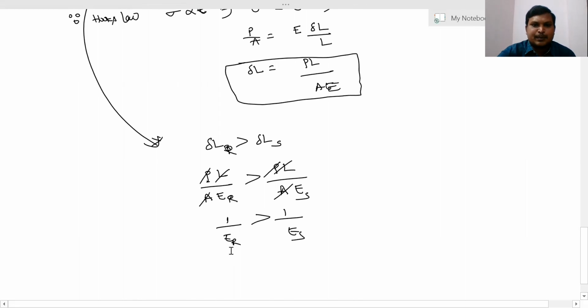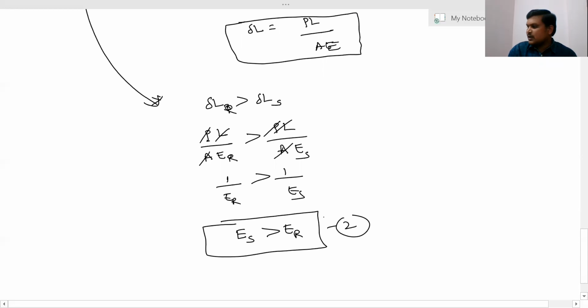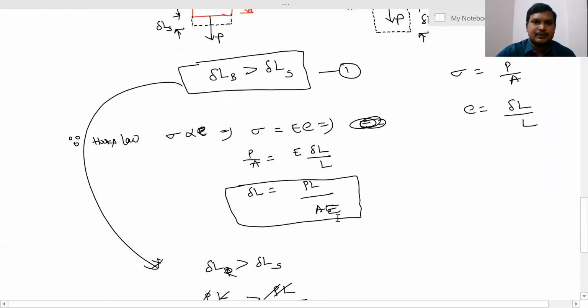So from the inverse proportionality, we get Young's modulus of steel is greater than Young's modulus of rubber. So this is our equation 2. Is it clear? So from equations 1 and 2, what can we conclude?